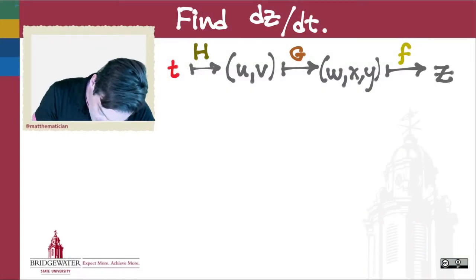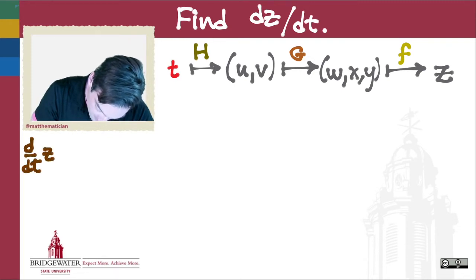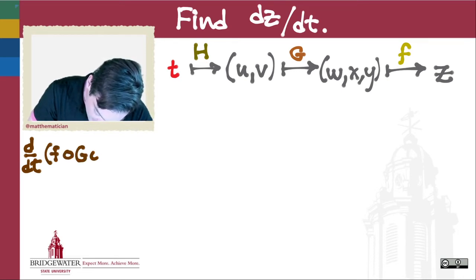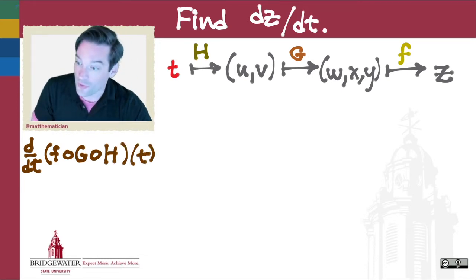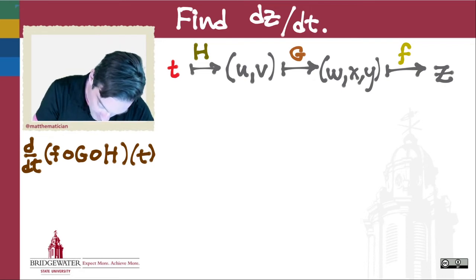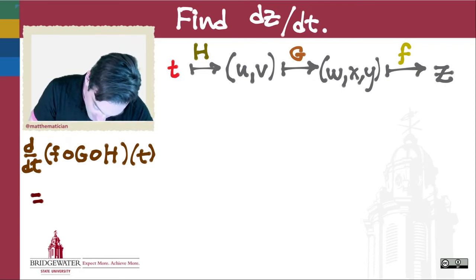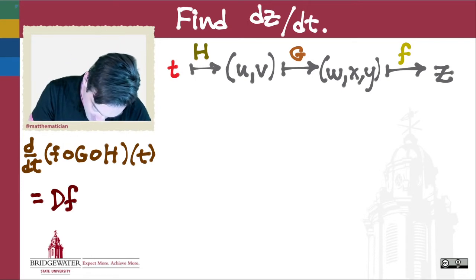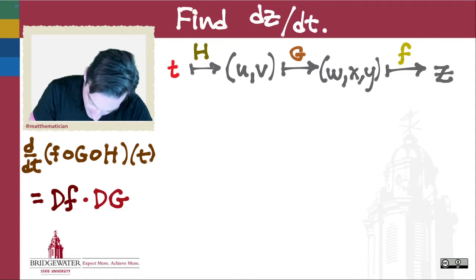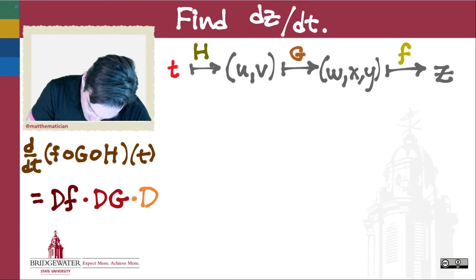So let's write that off to the side here: the derivative of my composition, which is really f composed with g, composed with h, as a function of t. According to our multivariable chain rule, this derivative is the derivative matrix of f evaluated at the appropriate inputs, which I'm going to suppress in the notation just to make it easier to look at, multiplied by the derivative matrix for g, again evaluated at the appropriate inputs, multiplied by the derivative matrix for h.